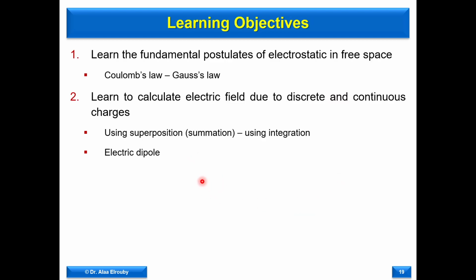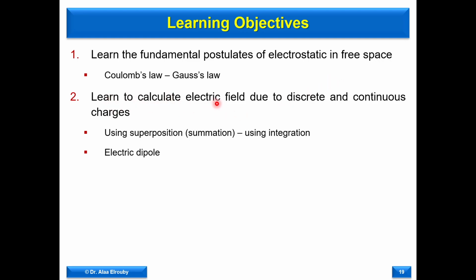So far, what we learned from this, we learned the fundamental postulates of the electrostatic field in free space. Later on, we'll learn about different media, like Coulomb's law, Gauss's law, the conservation of electric field.